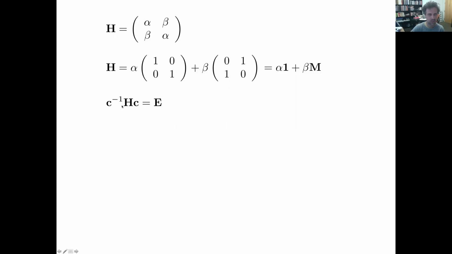So I'm going to write this Hamiltonian now in this new way of writing: alpha times the unit matrix plus beta times M. So I have here the column vector matrix inverse times the Hamiltonian, which is written now in this new fashion, and then times the column vector matrix again. So let's do this. I can basically operate this c to the power -1, the inverse matrix, times the first term, and then times c. And the same for the second term. So I can just split it out.